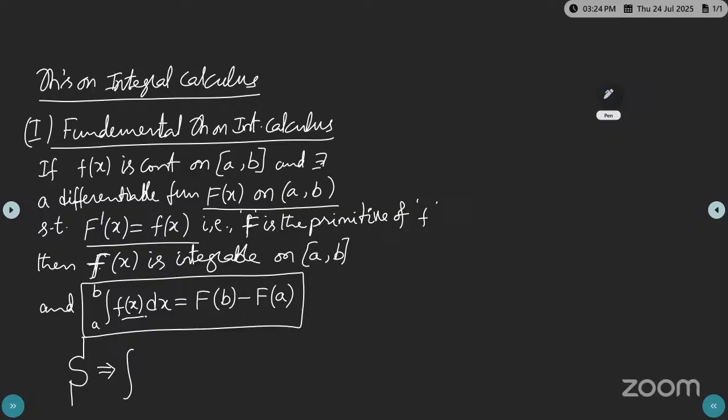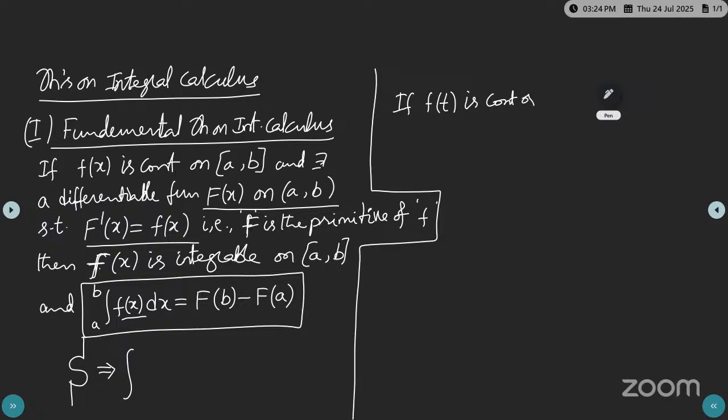Write down. If f of t is continuous over closed [0, 1], then limit t tends to 0, 1 by t into integral 0 to t f of x dx is equal to.